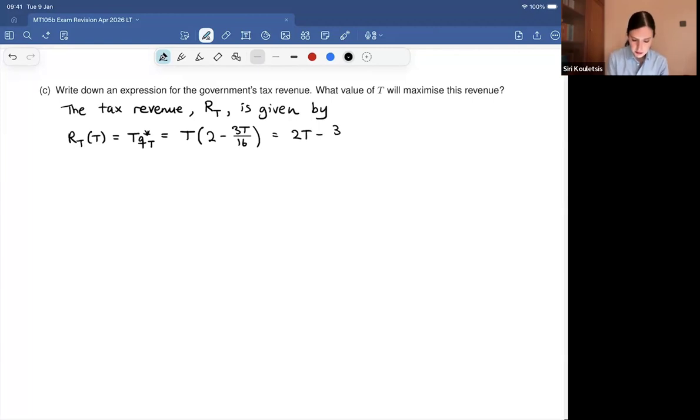So we see here that the expression for the government's tax revenue is a quadratic in T. And we want to argue what value of T will maximize this revenue. And so let's find the critical point of this quadratic.